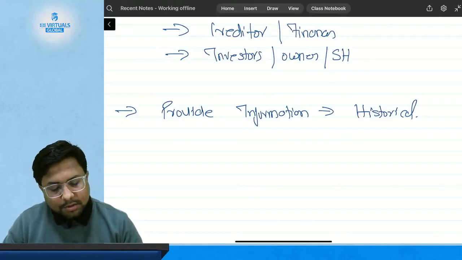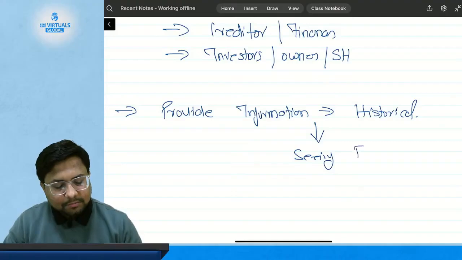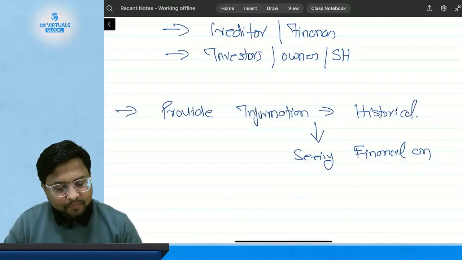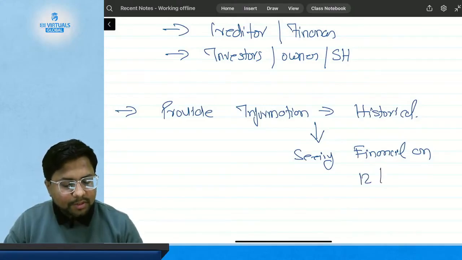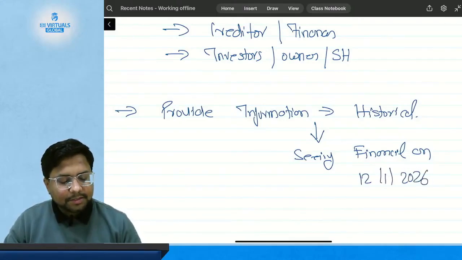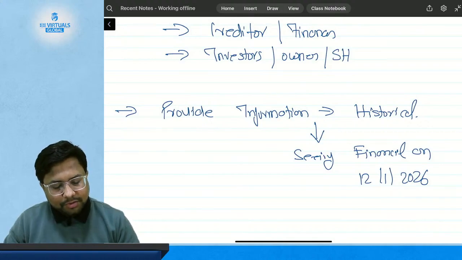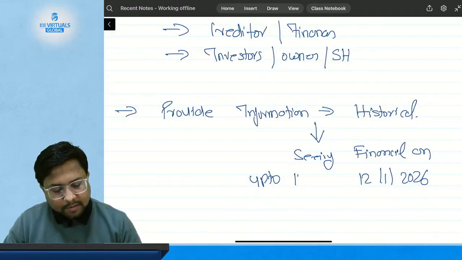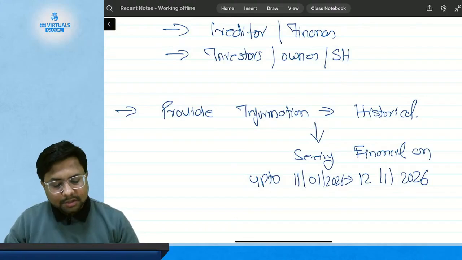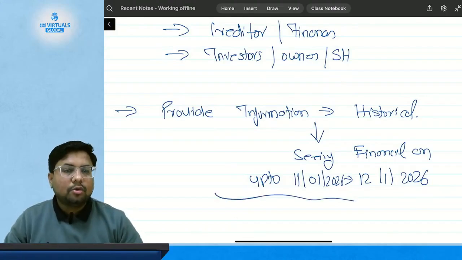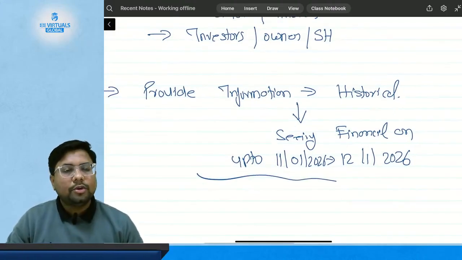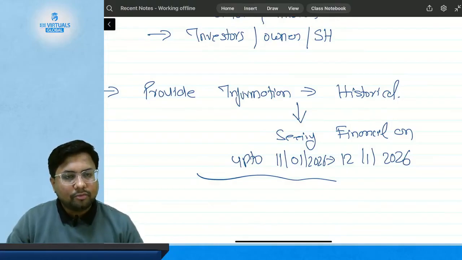So, if you are seeing financials today, that is 12th of January 2026, it will provide you information up to 11th of January 2026, because those transactions took place. It will not provide information about the coming future.